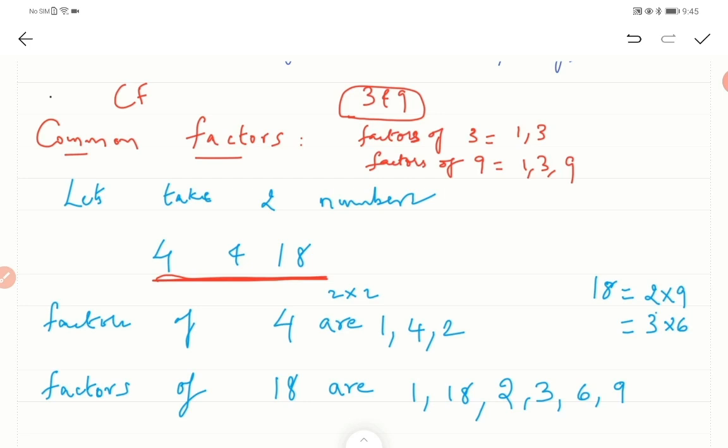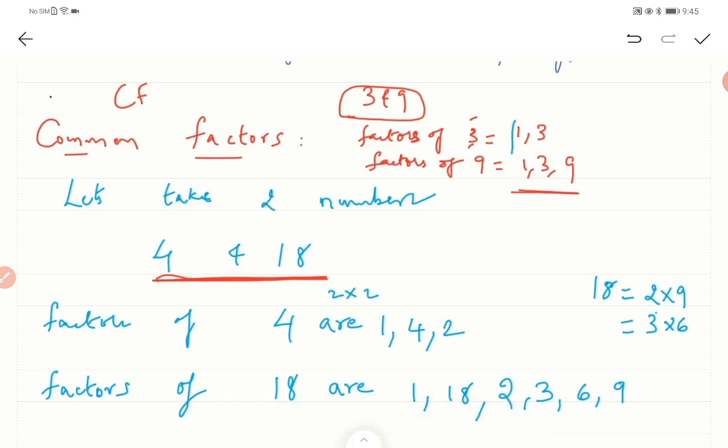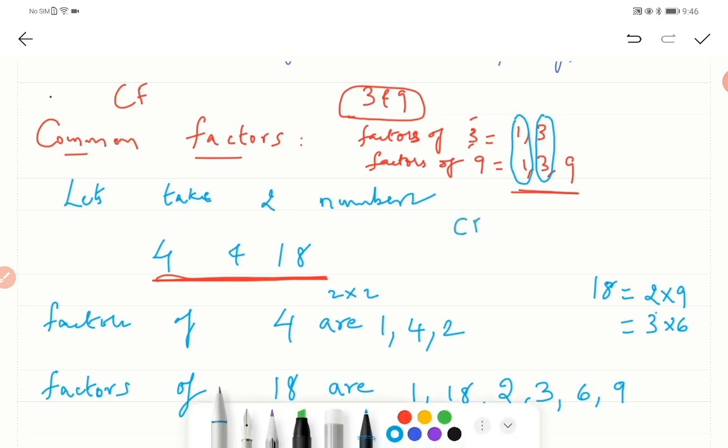So you have only three factors of 9, that is 1, 3 and 9. Between these two numbers, which are your common factors? 1 and 3. So you'll say that the common factors of 3 and 9 are 1 and 3.